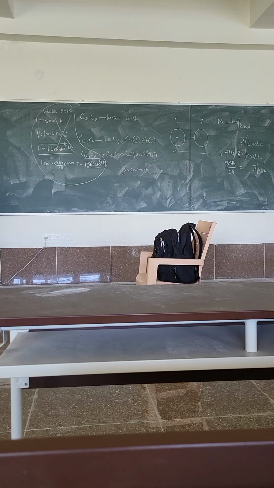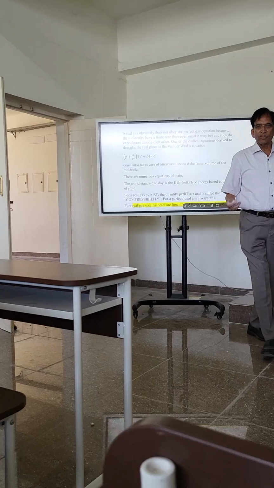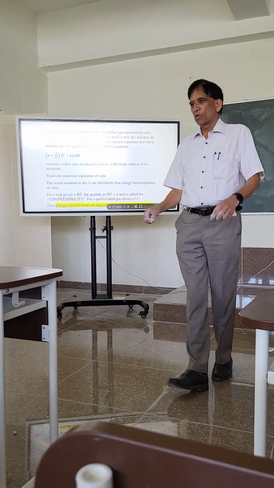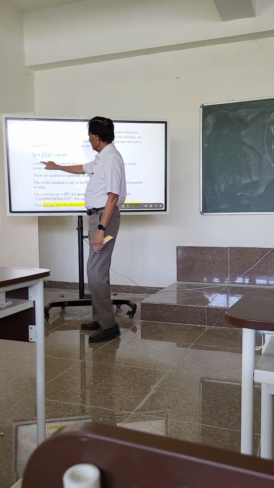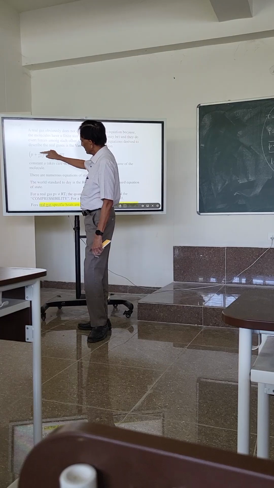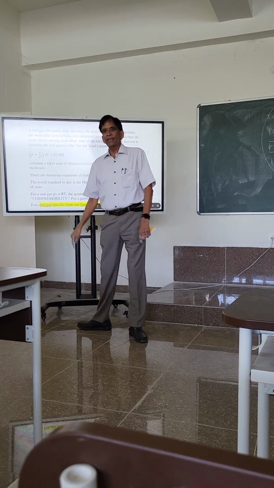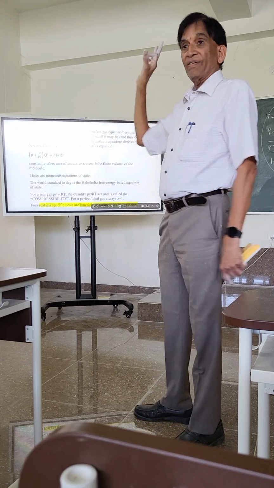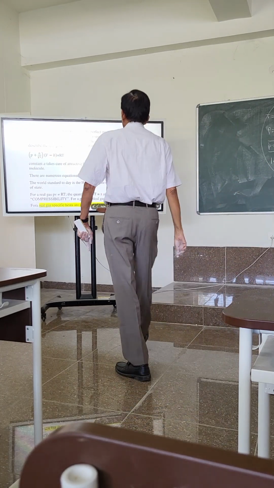Don't worry about the derivation. So the distance between molecules is taken care of. He takes care of the attractive and repulsive force by a factor a divided by v squared. I put it as a capital B.